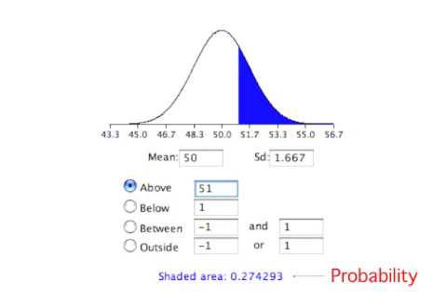Type in the mean of 50 and the standard deviation of 1.667. The calculator then works out the area under the curve above 51. The probability of obtaining a sample mean of 51 or larger is 0.274 and is displayed here as the shaded area under the curve.